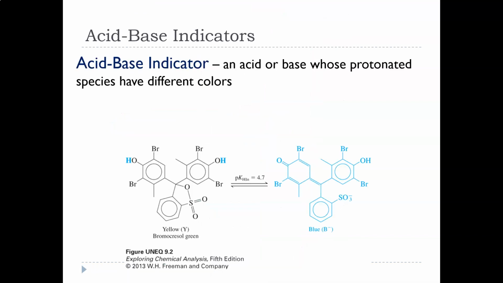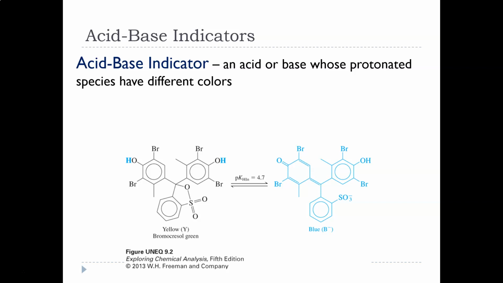So now we're switching gears to indicators, just a little bit of background on how acid-base indicators work. These are the chemicals that, when we're doing titrations, we use for an acid-base titration. You add a drop or two and it changes color to indicate the equivalence point, or really the end point. So acid-base indicators are just chemicals that are themselves an acid or base, which means they have a conjugate side.